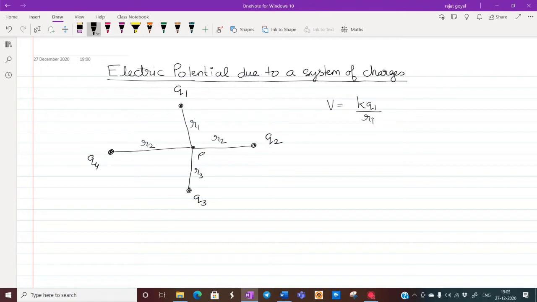Then due to Q2, it will be K Q2 by R2. Then due to Q3, it will be K Q3 by R3. And due to Q4, it will be K Q4 upon R4. So we simply add all these potentials to get the total potential.